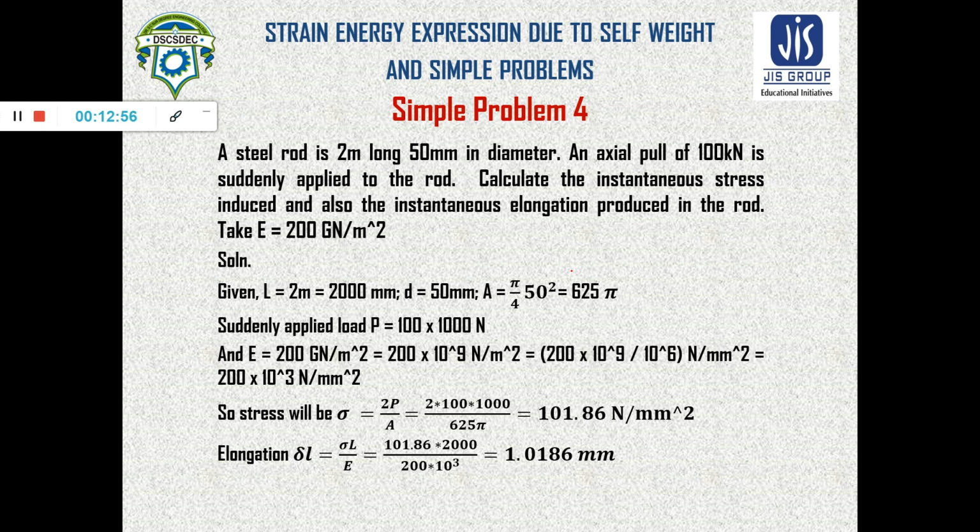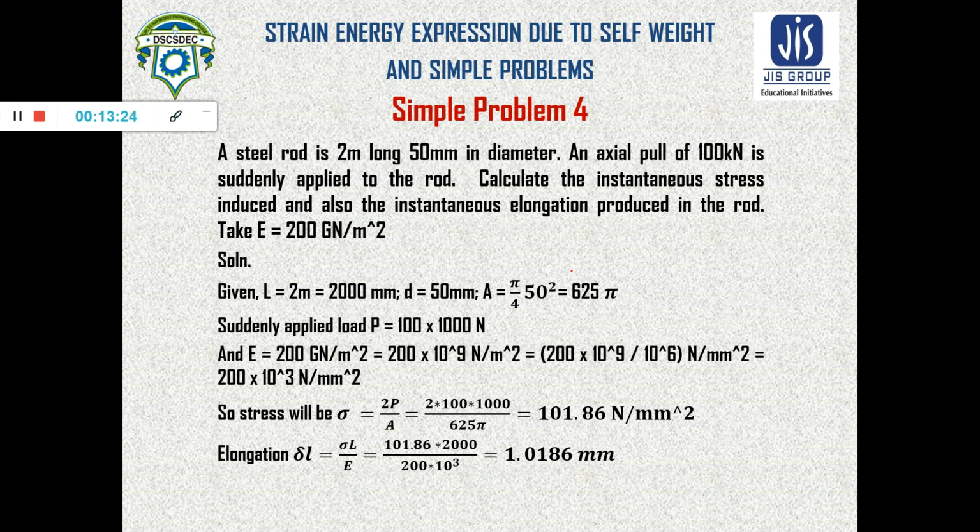Now as the load is suddenly applied, the total value of the load is 100 kilonewton, that means 100 into 10³ newton. E is given. Now the stress will be 2P by A. Why 2P by A?